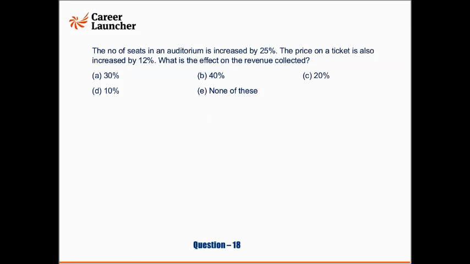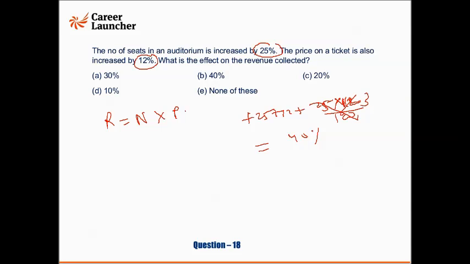Now the net change is 25%, that is an increase, and 12% change in the price of the ticket, that is also an increase. So if you apply the formula of successive percentage, you can easily calculate it out, like plus 25 plus 12, then 25 multiplied by 12 upon 100, then you will get 3 here. So my answer will be 40%. So B will be my answer.